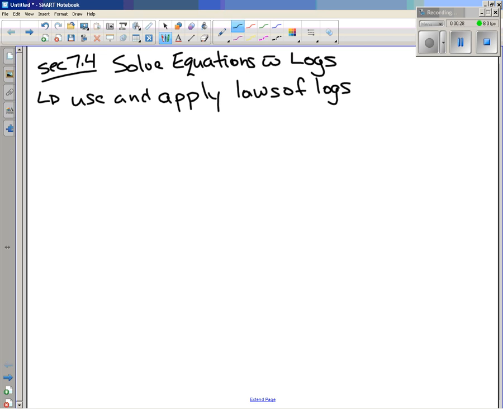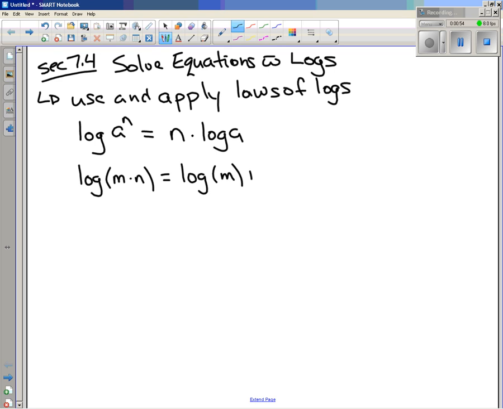Our laws of logarithms are that if we have something within a log that's raised to an exponent, we can pull that exponent down out front, and we'll say that's n times log a. If we have two things in our log that are multiplied together, say n times m, we can split those apart with addition.